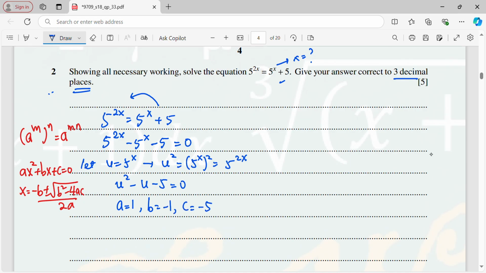And now, when you compare the general form of the quadratic equation with the quadratic equation that I have obtained, my x is basically changed to u. That means I have to change accordingly if I apply my formula. So u equals minus b plus minus square root of b squared minus 4a is 1, c is minus 5, then over 2a.